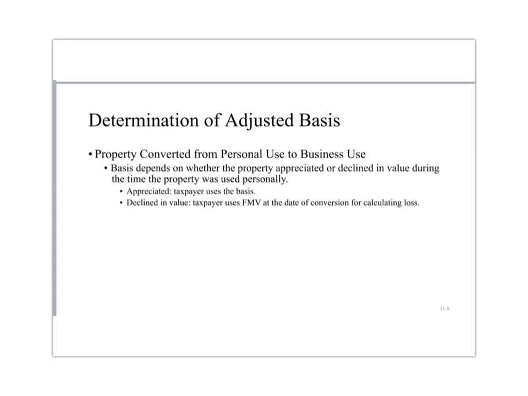So then my basis depends on when that property was converted to business use, whether the property had declined in value or appreciated in value. Okay. If it appreciates, then you use the basis. What did that Jeep cost me when I bought it new? All right. If it had declined in value, which cars, as soon as you drive them off the lot, they've declined in value, then you use the fair market value as of the date of the conversion for calculating the loss. Okay. So that one's pretty straightforward.